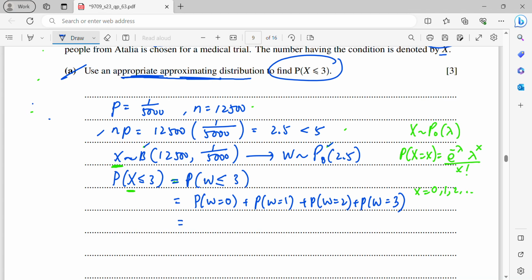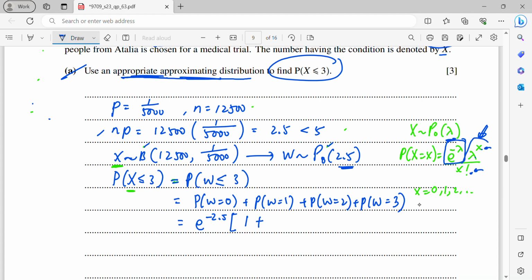Alright, so now, my lambda is 2.5. When you look at this formula, the e to the minus lambda is a constant. Therefore, I will take out the constant. I will write e to the negative 2.5. Then when x equals 0, 0 factorial is 1, and lambda to the power 0 is 1. Therefore, the first term will be 1 plus.